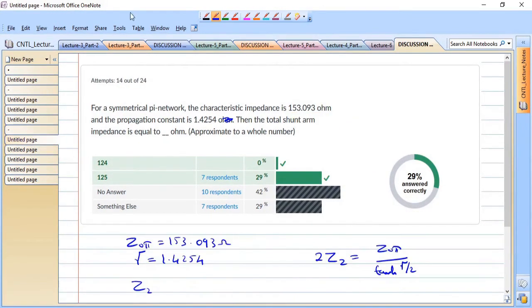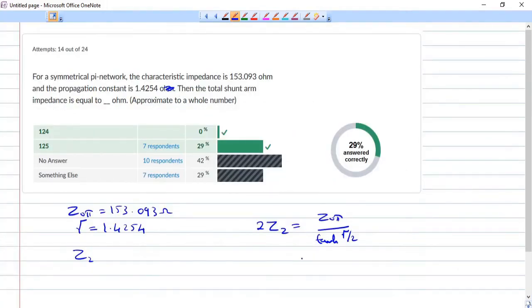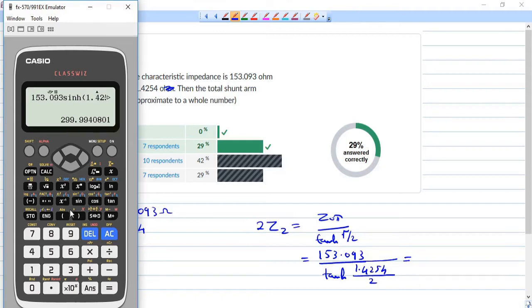So this is equal to 153.093 divided by tanh(1.4254 divided by 2).